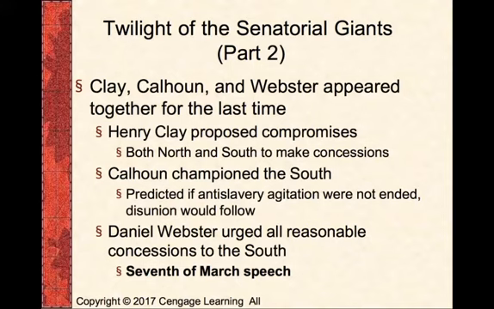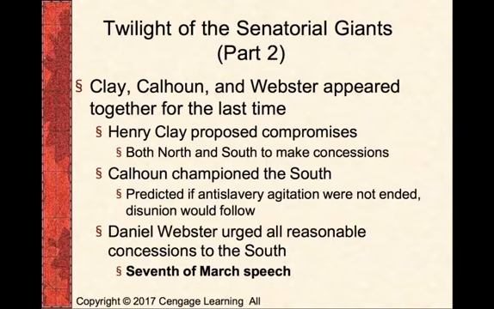Clay, Calhoun, and Webster appeared together for the last time in 1850. Henry Clay, even though he ran for president so many times and lost each time, will be remembered for his compromises. He was always able to get the North and the South, or the different sectional sides, together to make concessions to make a compromise.